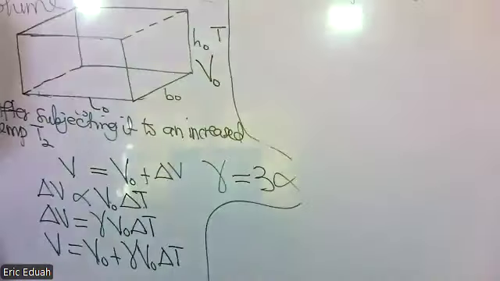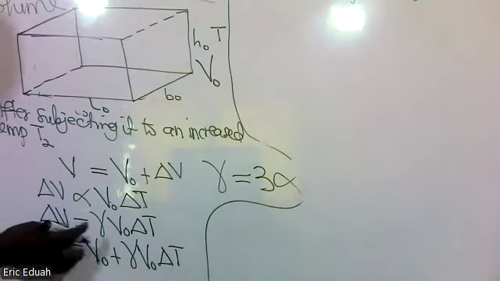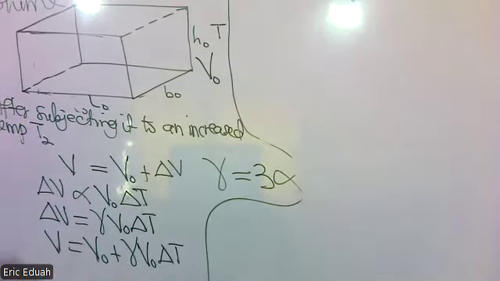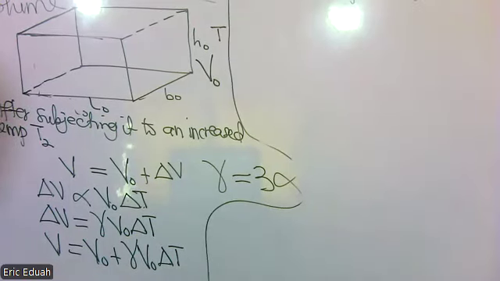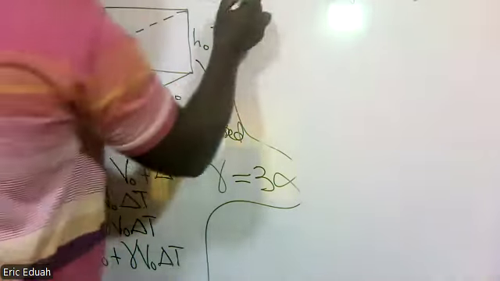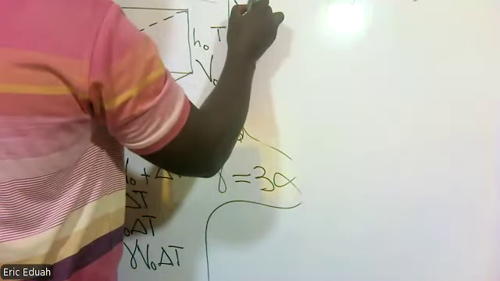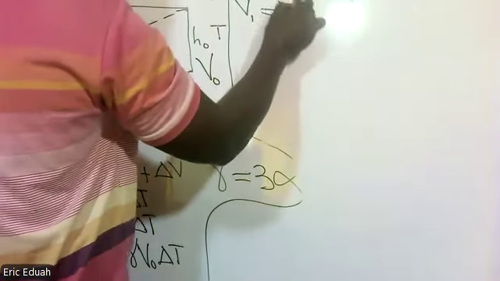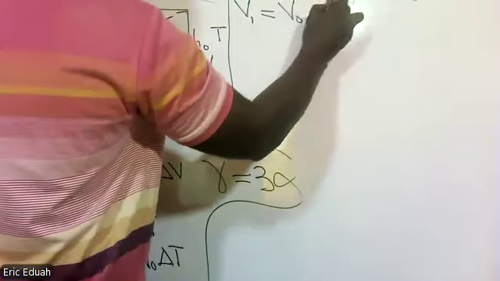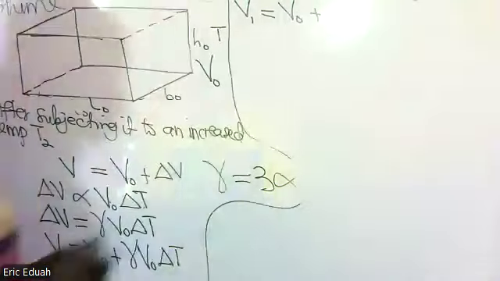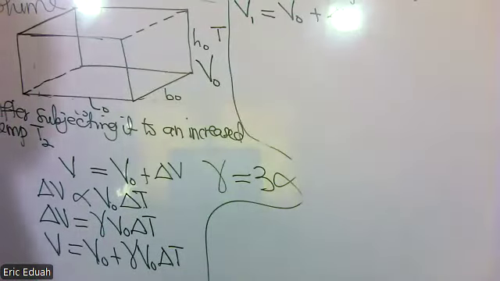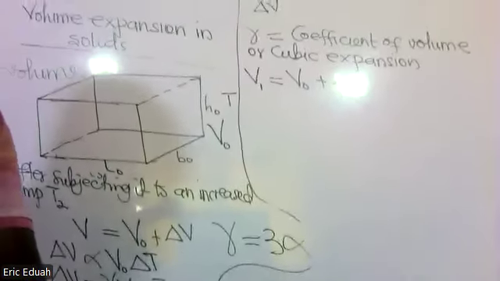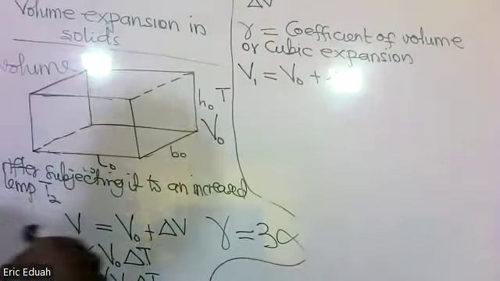So that constant of proportionality K is equal to gamma, which is the coefficient of volume expansion. So the new volume V1 would be equal to the initial volume V naught plus the change in volume after expansion.